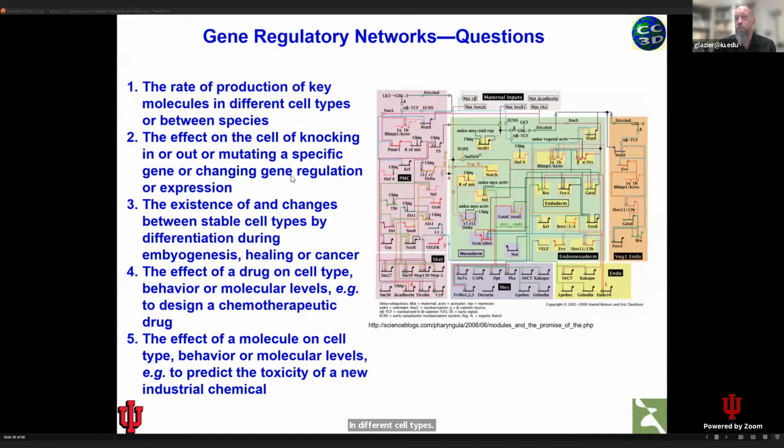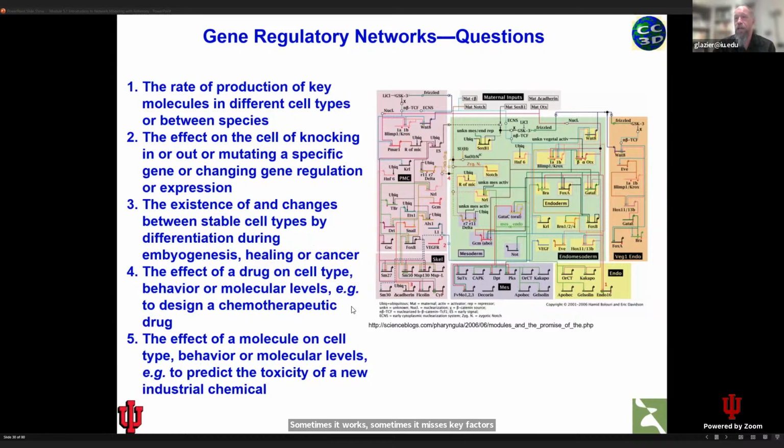What happens if we mutate a particular gene or knock it in or knock it out, either the gene or its regulatory sequence? How and what are the stable cell types that occur for these kinds of networks? Those are often done using Boolean network analysis. Sometimes it works, sometimes it misses key factors.